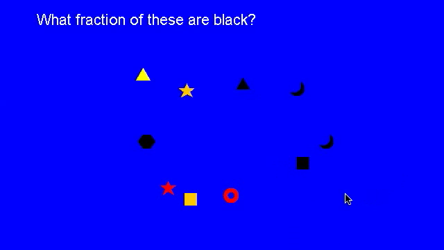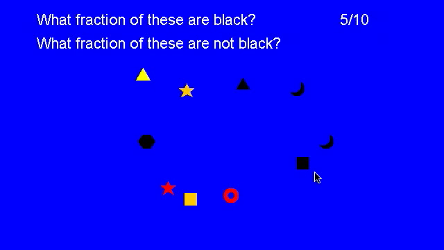Okay, and you can also talk about groups of things in terms of fractions. It's like, what fraction of these are black? So we have 2, 4, 6, 8, 10 things, and how many of those are black? 1, 2, 3, 4, 5. So 5 out of 10 are black.